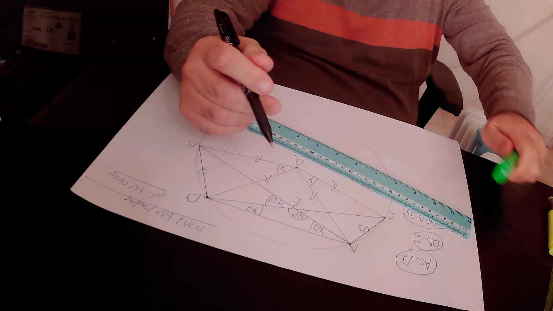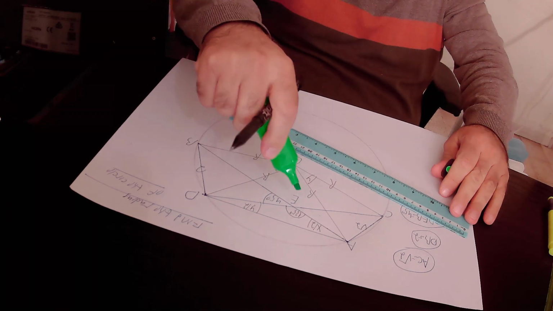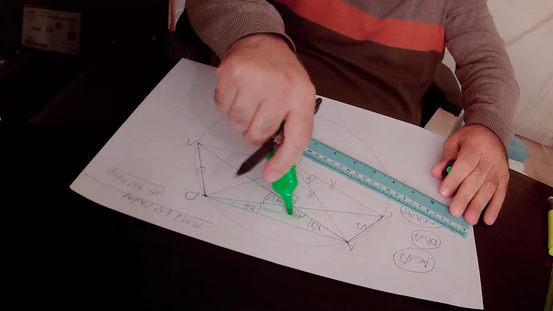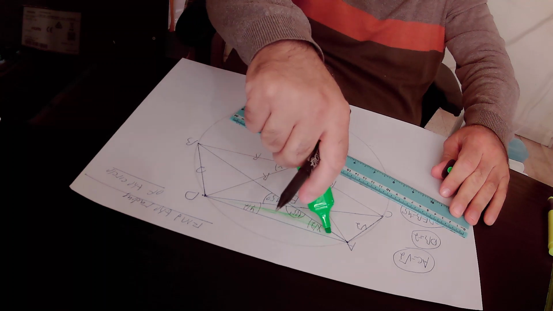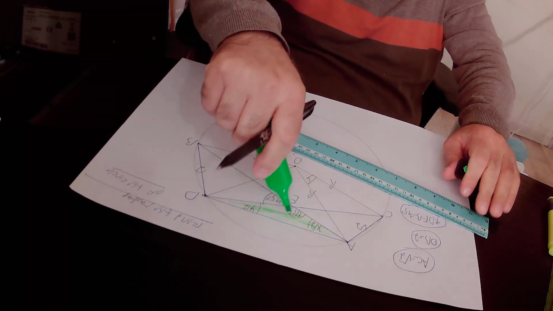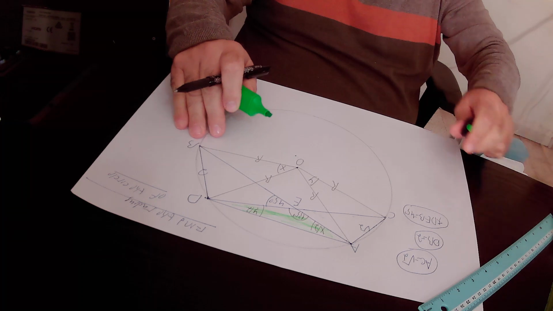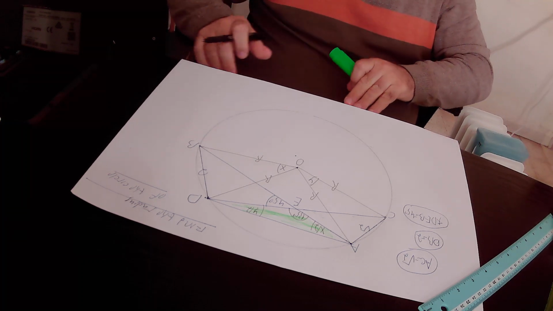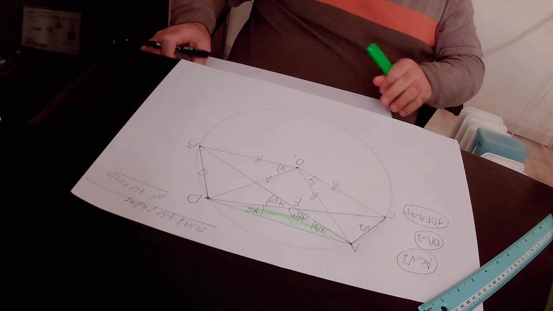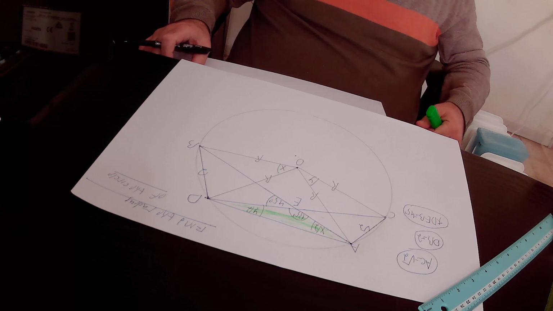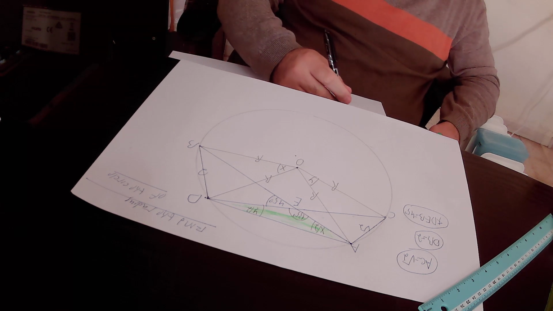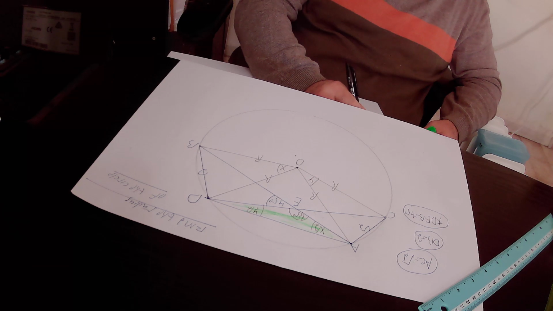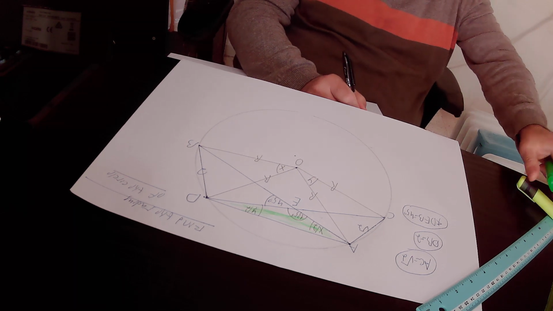Okay, so in the next step, we will focus on the green triangle, triangle AED, according to the rule that the sum of the angles in any triangle is equal to 180 degrees. We get that the sum of the angles in the green triangle AED is equal to 180 degrees.